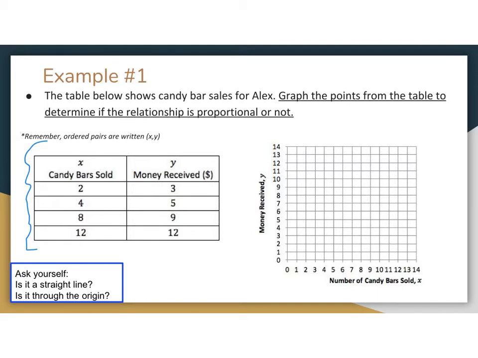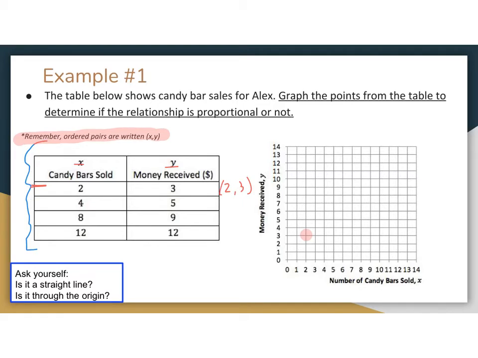I did write right up here, remember, ordered pairs are written X, Y. So whenever we are making these ordered pairs, our first example right here would be 2, 3, because candy bar sold is X and money received is Y. So this ordered pair would be 2, 3. And if I were to plot that point, I go over 2 on my X, up 3 on my Y to have a point right there.